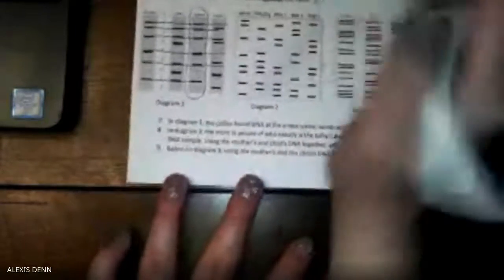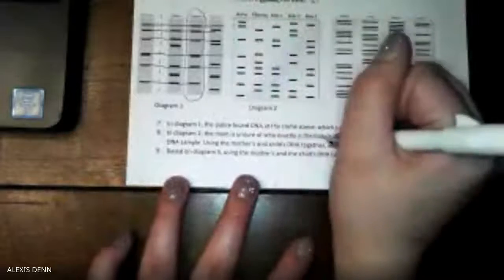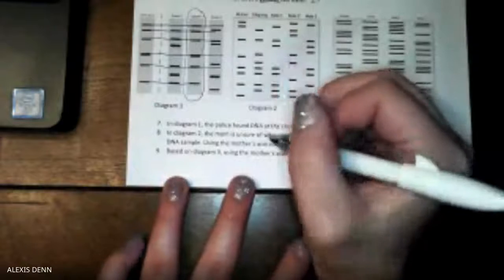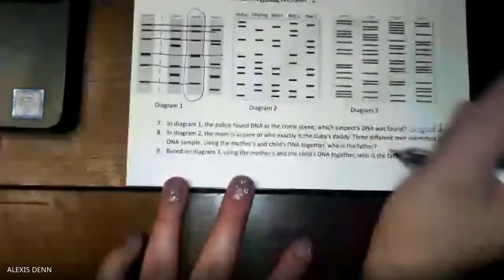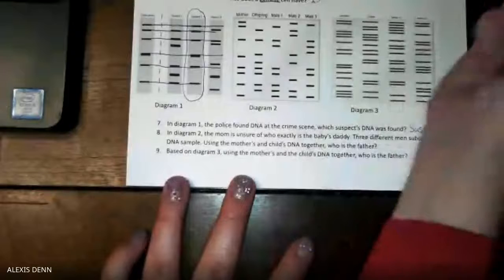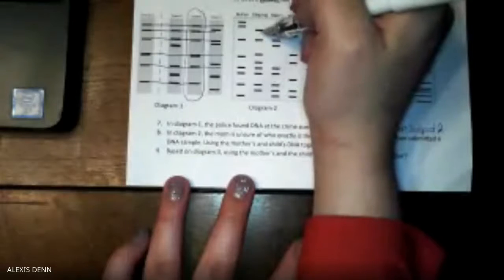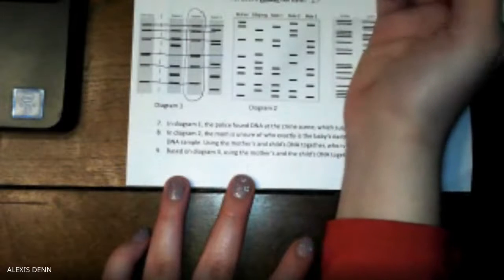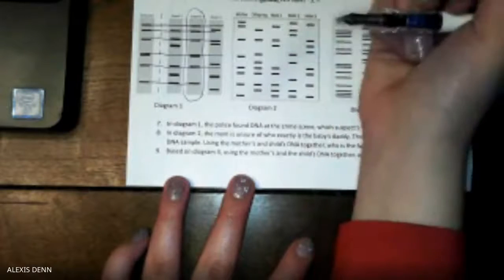The next 2 questions are paternity questions. Diagram 2, the mom is unsure of exactly who is the baby's daddy. 3 different men submitted a DNA sample. Using the mother and the child's DNA together, who is the father? Basically, just like with all of your other traits, you inherit everything from mom and from dad. Whatever you don't get from mom, you have to get from dad.